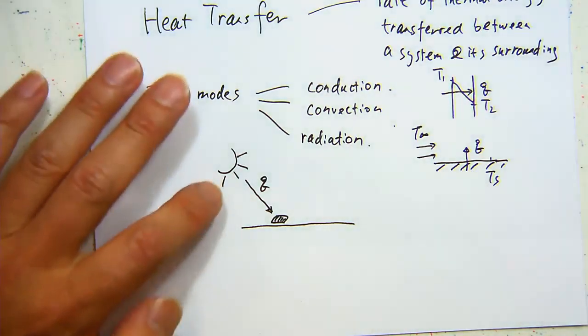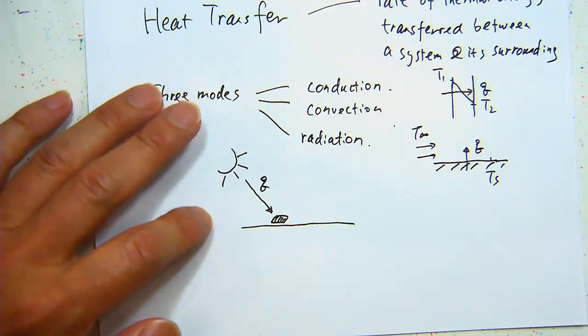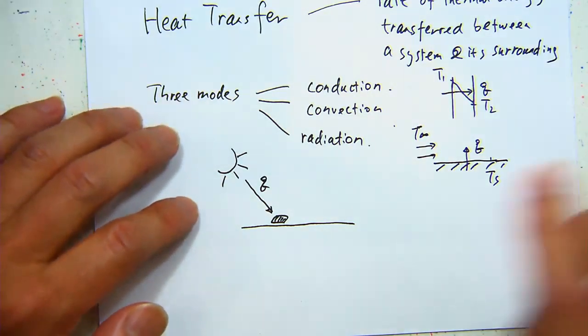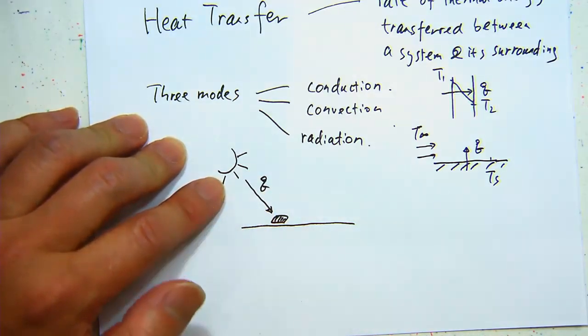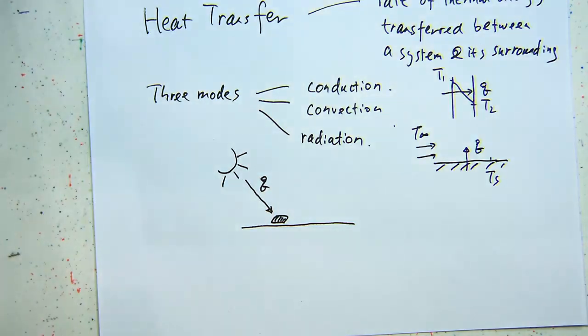So this mode is called radiation, and in fact the mechanism is very different. In this case, the heat is transferred by the same mechanism as light. It's an electromagnetic wave coming from the source to the targeted surface.